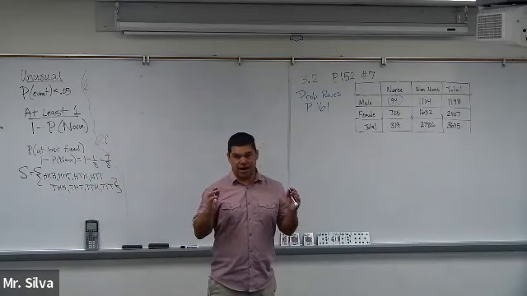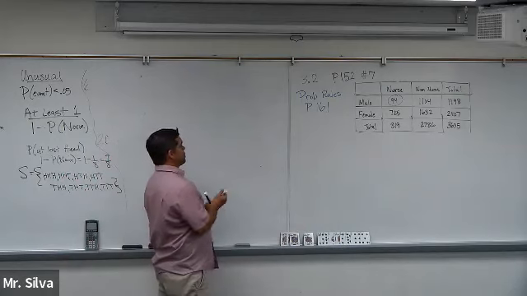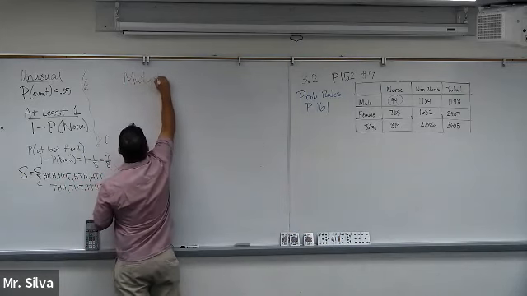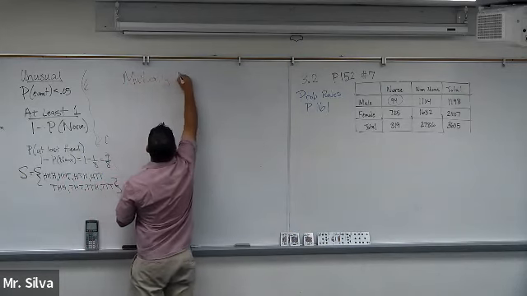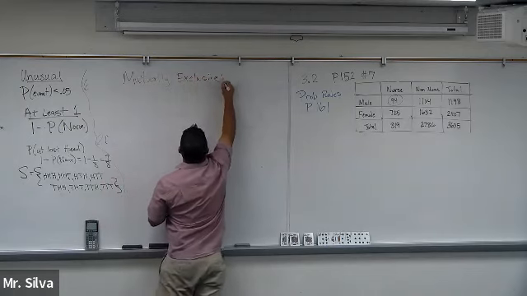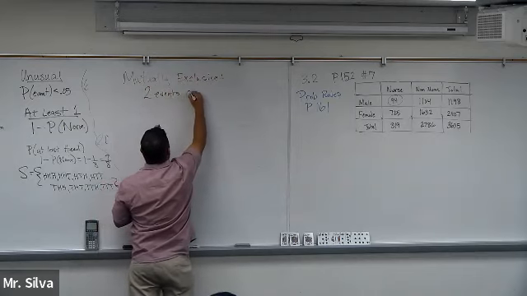If two events cannot occur at the same time, they're called mutually exclusive. That's the first definition, mutually exclusive. Two events cannot occur at the same time.